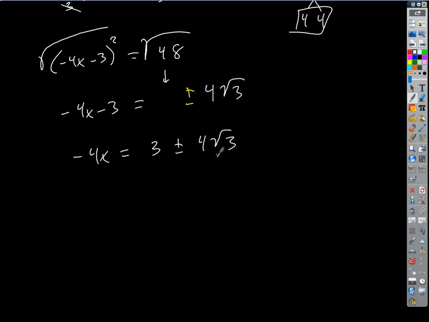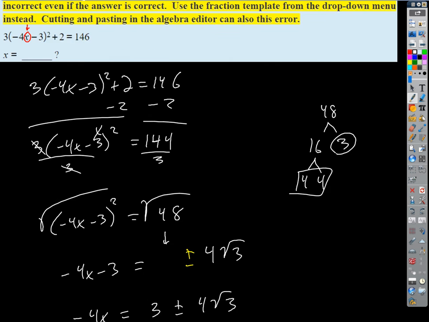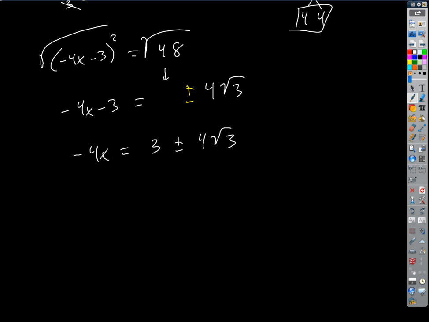But remember what we did with that. When we divide both sides by -4, we're going to divide them one at a time. So here I get 3 over -4, that's just -3/4. Everybody agree? Plus or minus, what about that term?